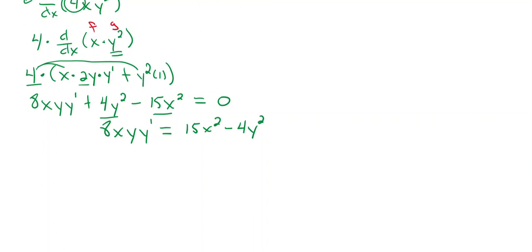Then to solve for y prime, I'm going to divide both sides by 8xy. So we end up with y prime equal to 15x squared minus 4y squared all over 8xy.